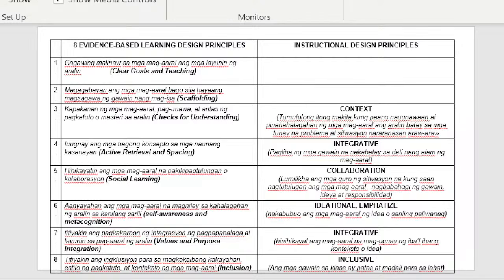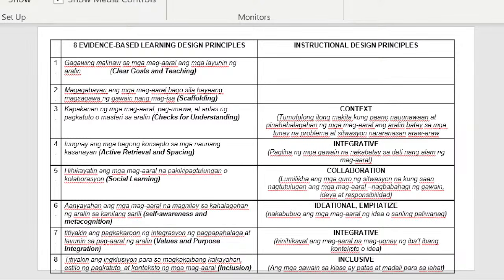For checking for understanding, this can be found in the context. Based on the context of the learner, we start where they are. So we must often check understanding using the SOLO taxonomy.